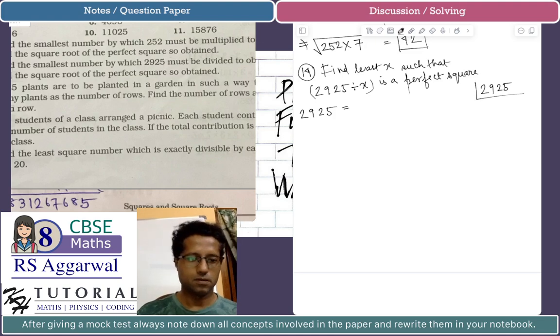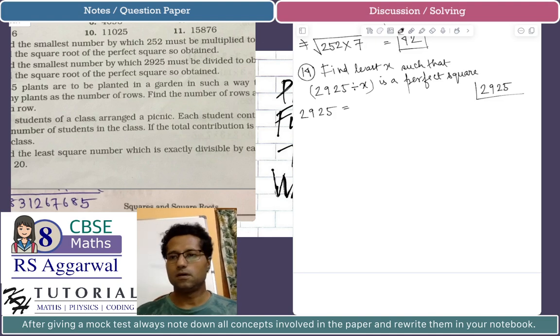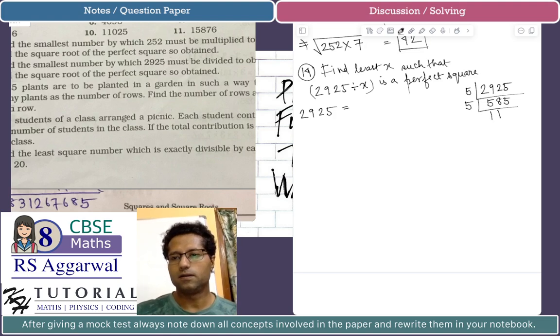We have to find the prime factorization of 2925. Let's divide by 5. We get 585. Then again divide by 5. We get 117. And then divide by 3. We get 39. And then divide by 3 again. We get 13.